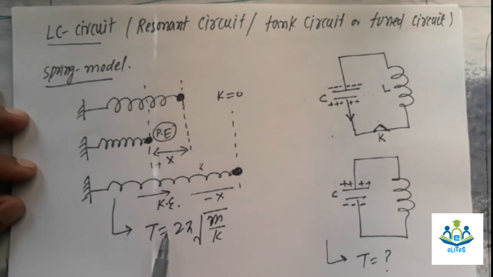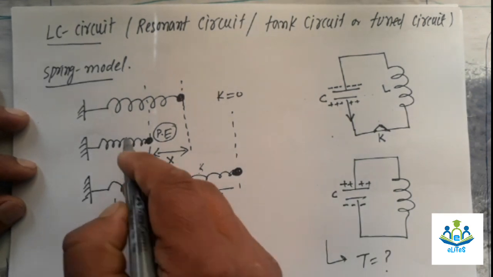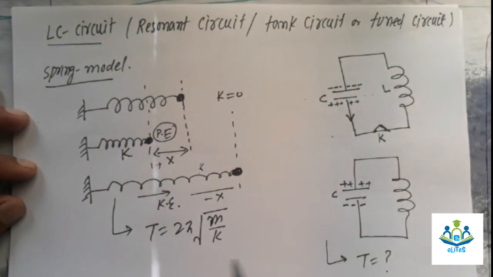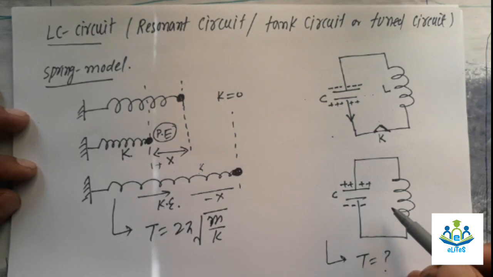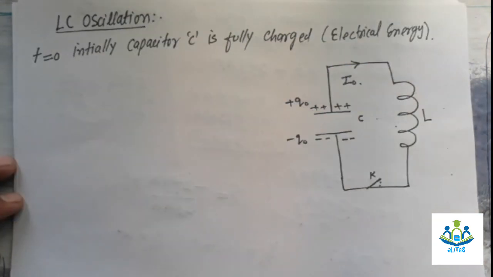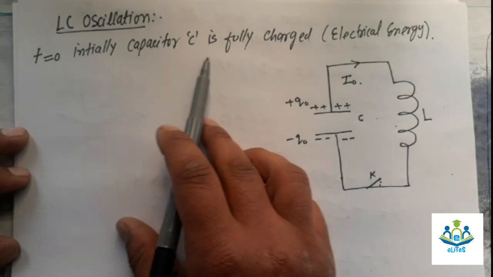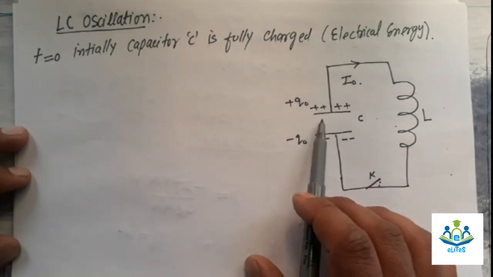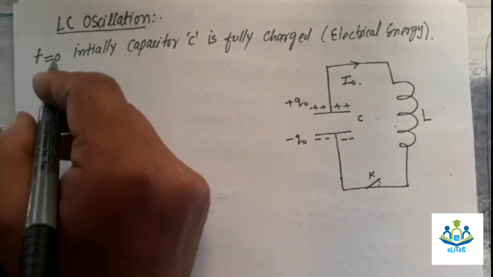The time period of the oscillation of the spring is 2 pi under root of m by k, where m is the mass and k is the spring constant. Okay, let's calculate the time period for the LC circuit. Initially, if the capacitor is fully charged, the whole energy is stored as electrical energy.